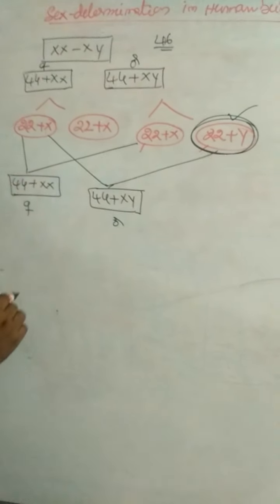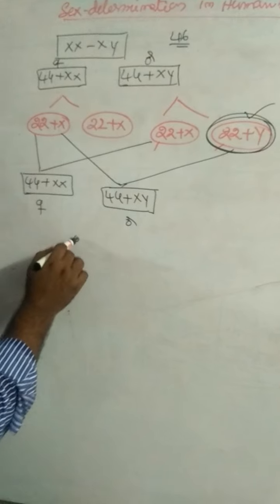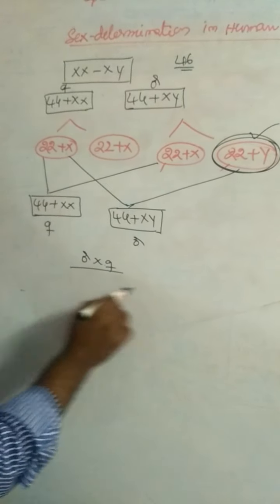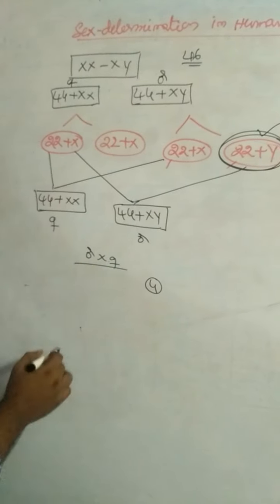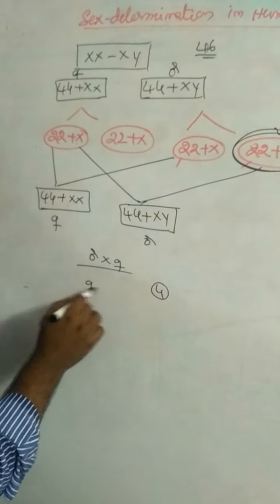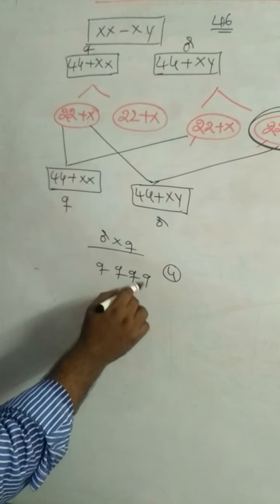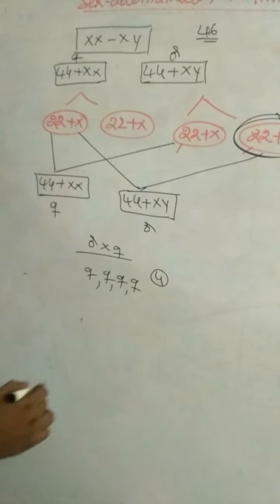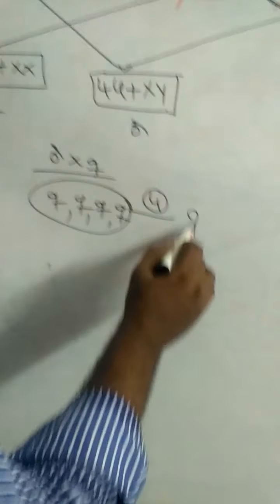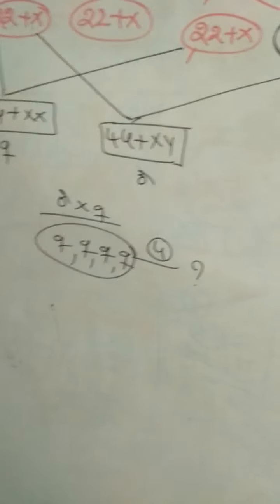As an application, for example, a couple has 4 children, and all 4 are daughters.